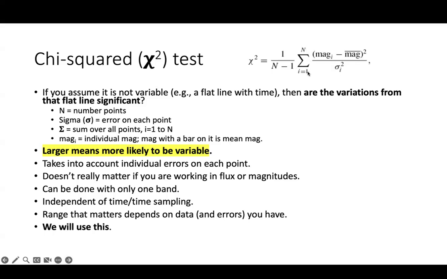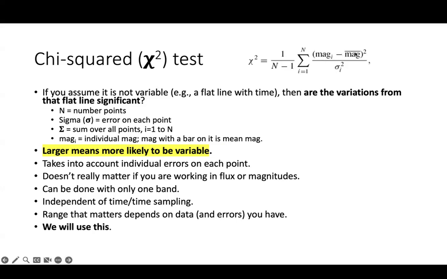This term means sum over all the points between i and n. And this is the individual magnitude, and this is the mean magnitude. So if you calculate this chi-squared, if you get a large number, it is more likely to be variable. This is taking into account the individual errors on each point.